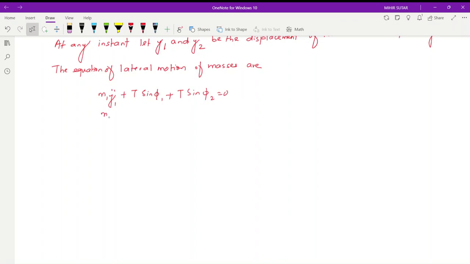For the second mass, it is m2 y2 double dot plus, it will be minus, okay, minus T sin phi 2 plus T sin phi 3 is equal to 0. Let's say this is our first set of equation.